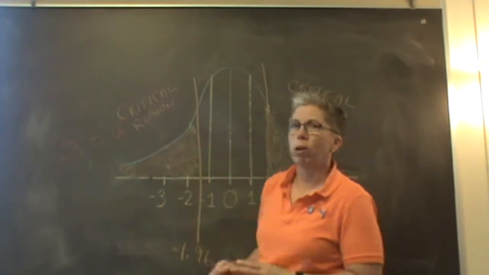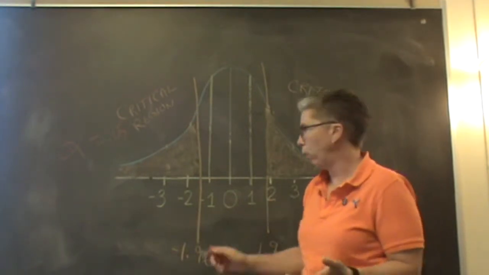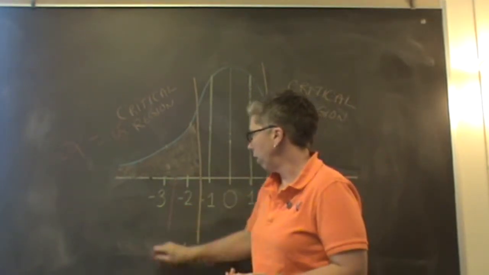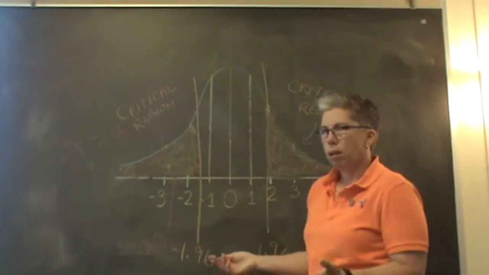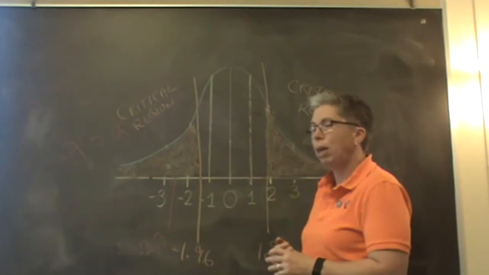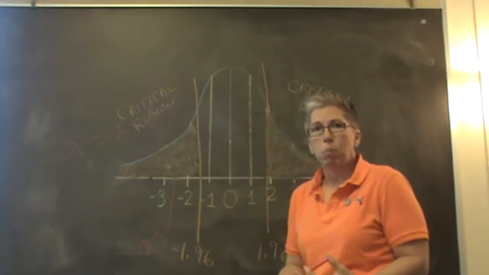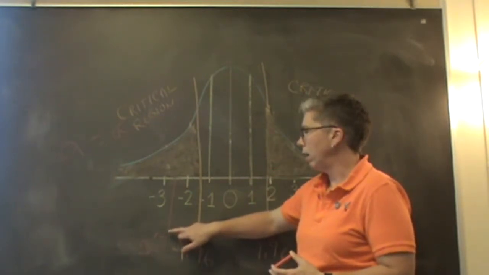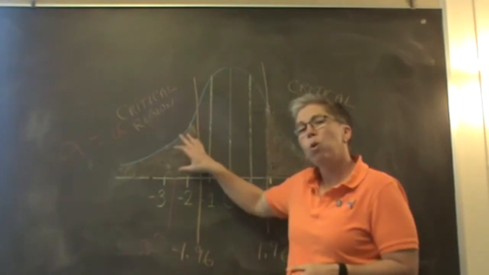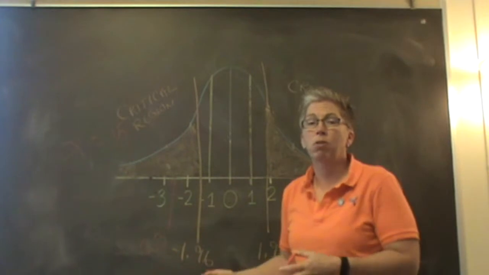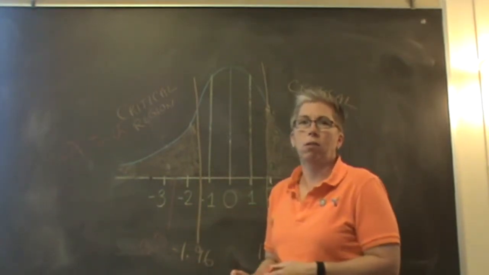Because when we land in this critical region, say I do a z-test and I have an obtained z value of 2.3, so I fall in here at 2.3, or negative 2.3, what does that mean in terms of our null hypothesis? What it means is that given our sample size and the mean that we obtained, there is a low probability, or less than a 5% chance, that that mean is simply due to chance alone.